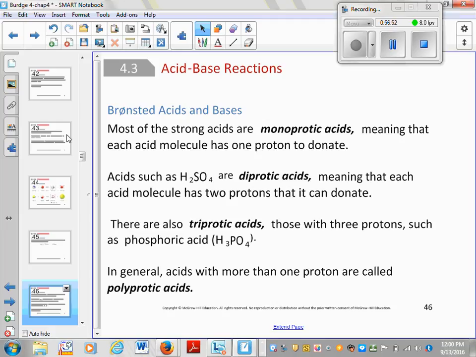You start with H2SO4 plus H2O. This donates a proton because it's an acid. So we get H3O plus and HSO4 minus. Now the HSO4 minus also has a hydrogen. It can donate a proton to another molecule of water, giving us another H3O plus and SO4 2 minus.